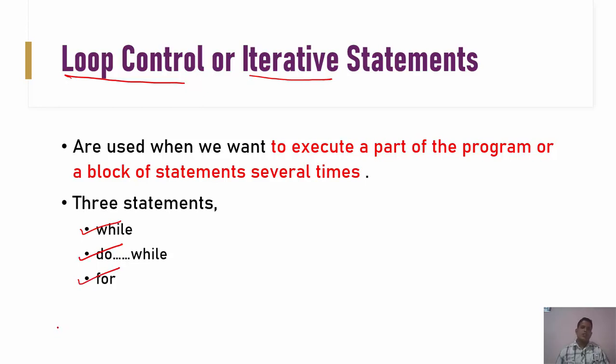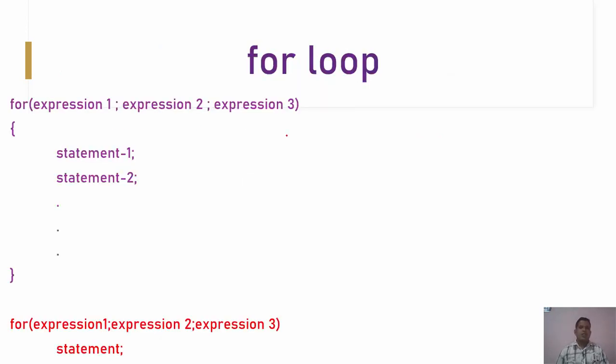So in today's session we are going to discuss the use of the for loop as an iterative statement. This is the simple syntax for the for loop control statement. There are two ways by which we can define this loop control statement. First of all, I am going to make use of the keyword for.